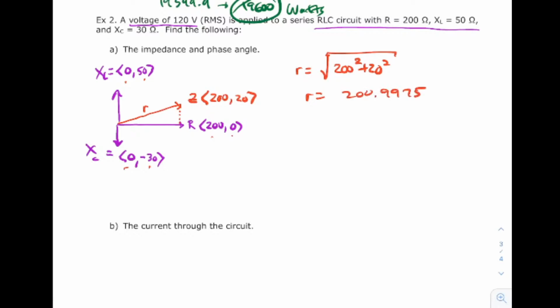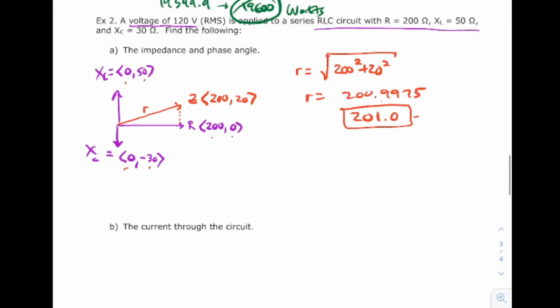Let's call this 201.0. 4 sig figs is a pretty healthy number, so I'm going to round the 0.99 up to 1.0. That's ohms, and that's your impedance. Your impedance is just almost exactly 201 ohms.